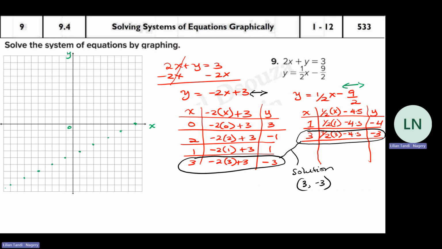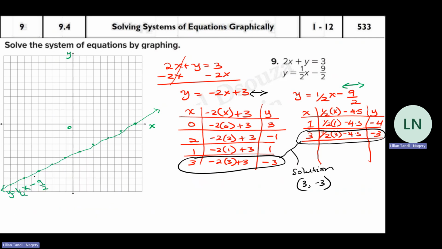So now I continue. I join my line. So this will be y equals half x minus 9 over 2.